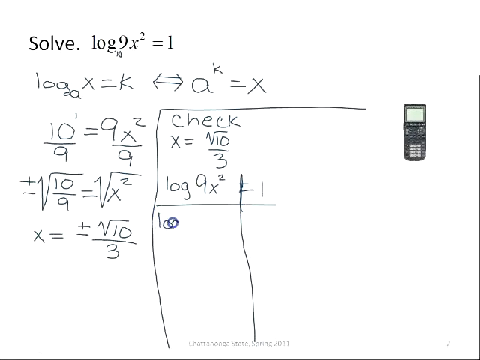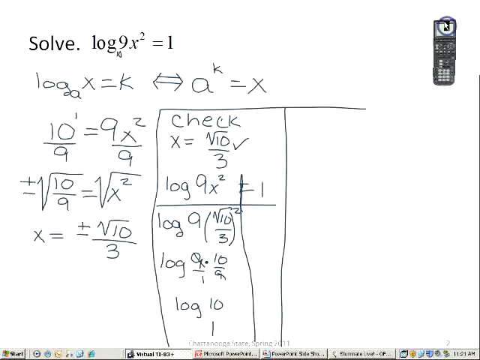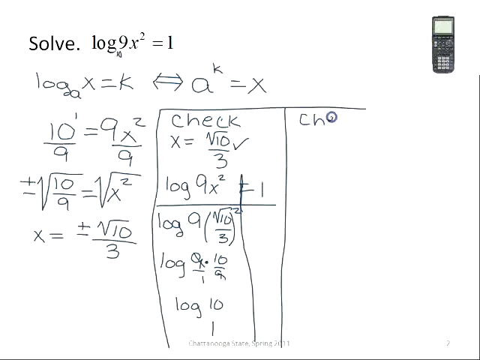So when I put this in, I'll have log of 9 times the square root of 10 over 3 squared. So this is the log of 9 times 10 over 9, which those 9's would cancel, so I would have the log of 10. The log base 10 of 10 is 1. So the positive answer works.